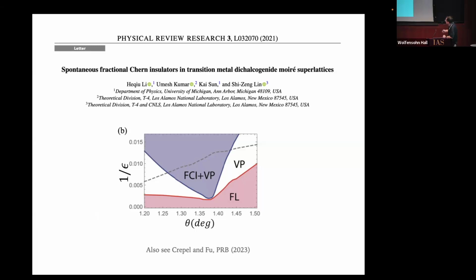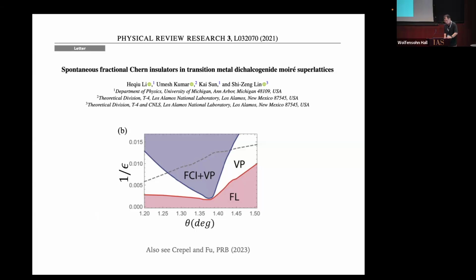What they predict is that, okay, as the twist angle changes, indeed there's an FCI state. It's also fully valley polarized and can be stabilized in the phase diagram, and roughly it's at 1.4 degrees. Now, if you go to a higher angle, then this state will be destroyed. So at least that's their prediction based on the first harmonic expansion.